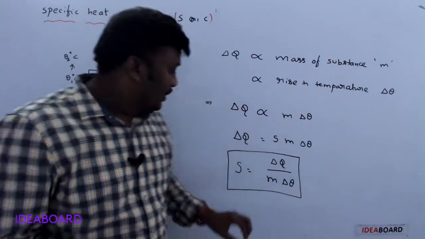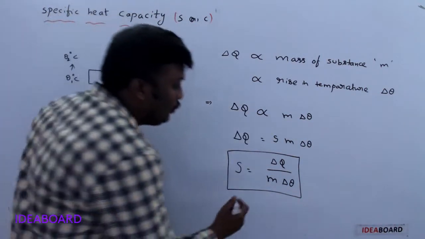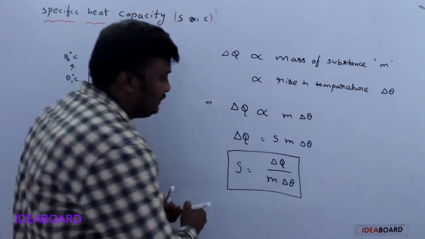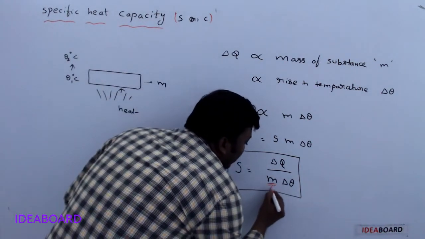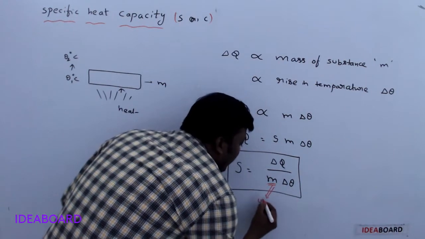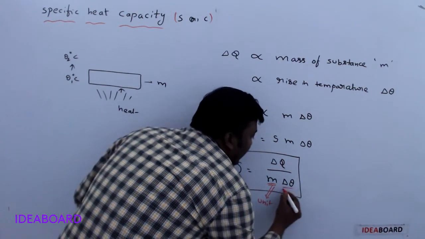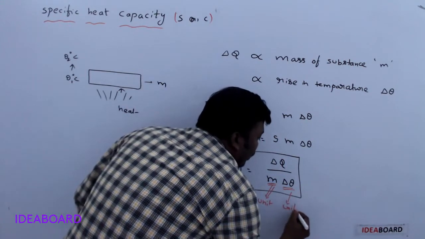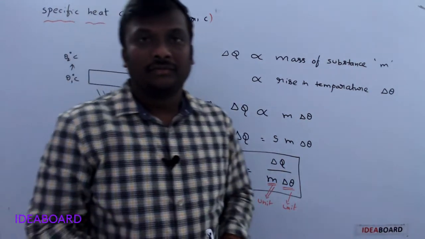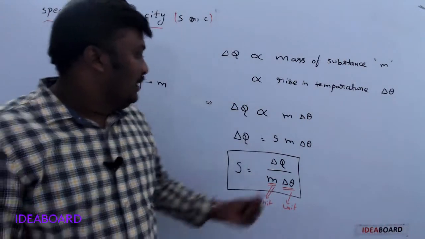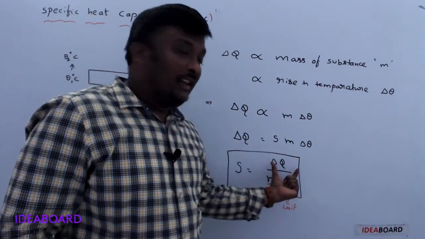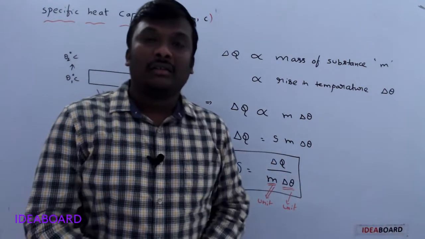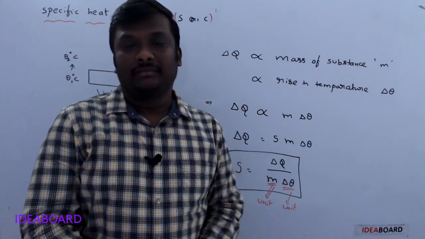So we would like to define the value of S. What is S? To define it, do one thing: in the denominator, make the mass a unit and make the change in temperature also a unit rise. Then delta Q is numerically equal to the specific heat capacity.